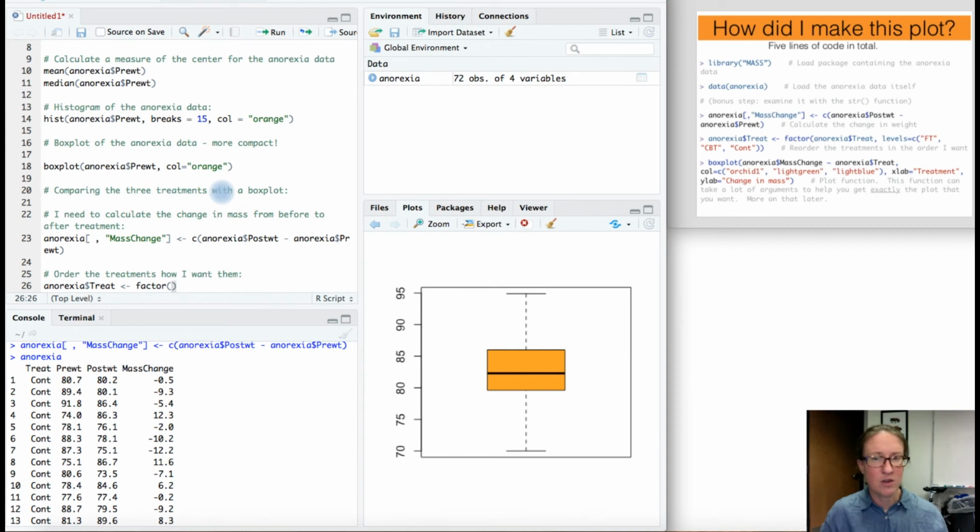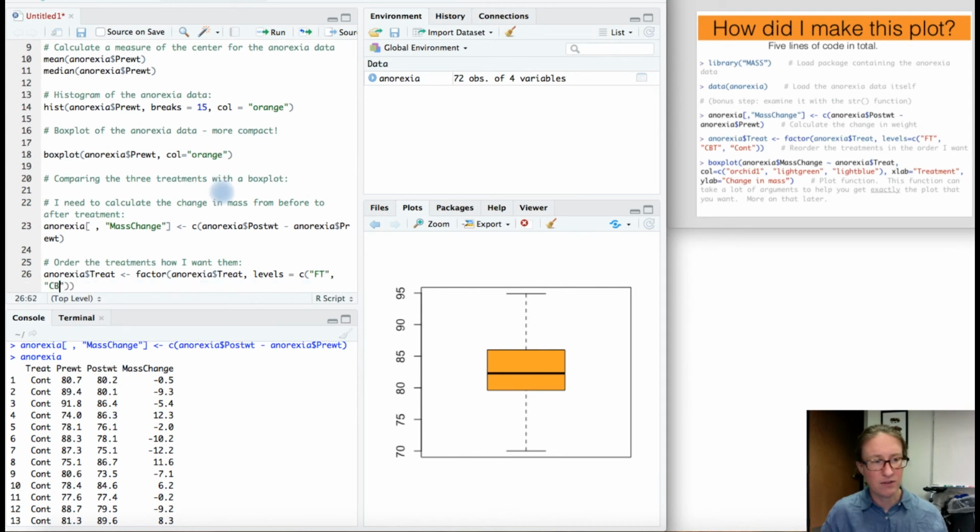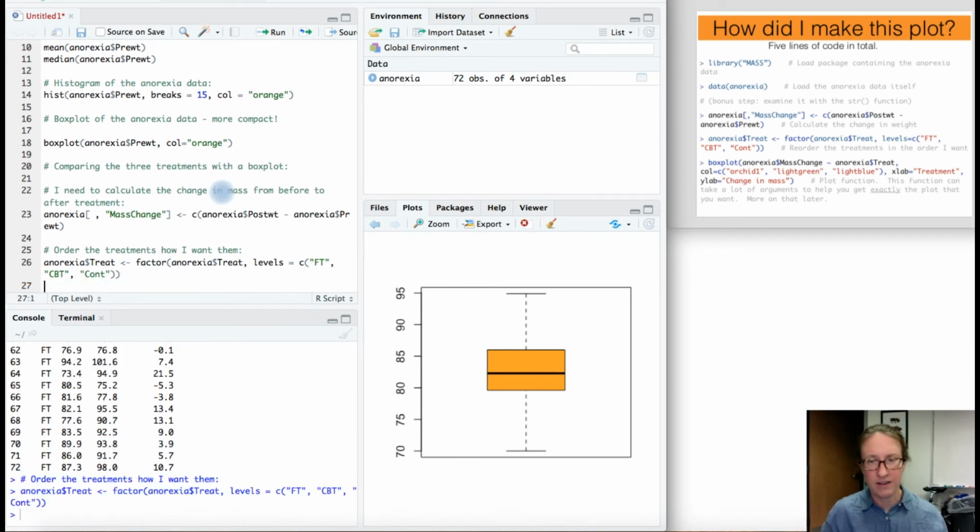And this takes a couple of different arguments. In this case, I'm going to apply it to the treatment column, and I want to specify the order of the levels within that factor, so the treatment groups within that factor. I want family therapy first, cognitive behavioral therapy second, and I want the control third. Okay, so run that line of code.